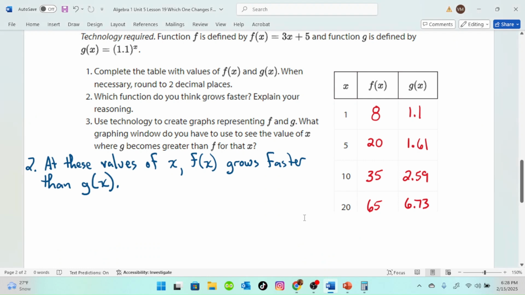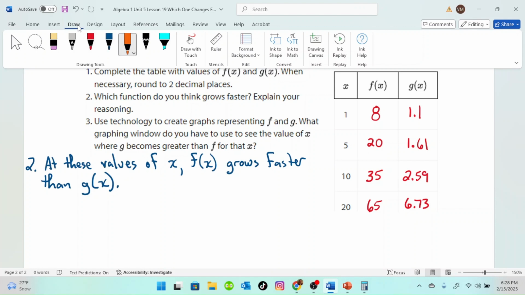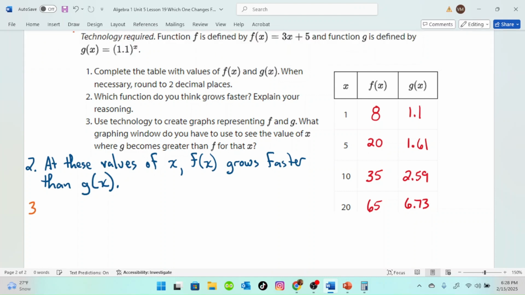So to answer the question, x needs to reach 54 before g is greater than f.